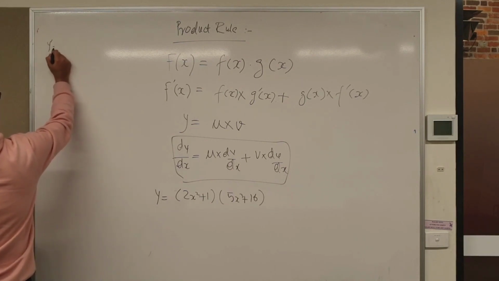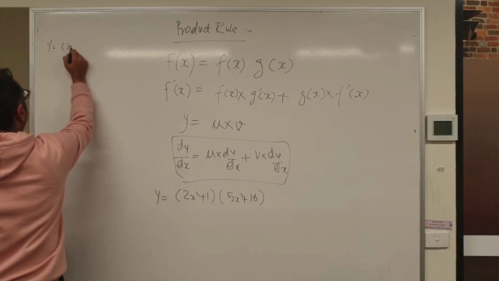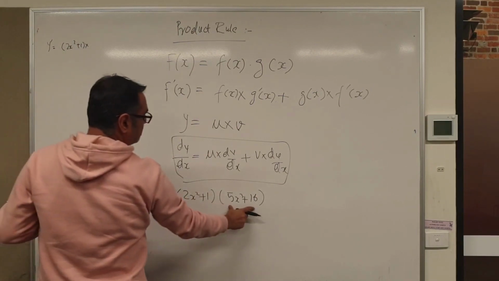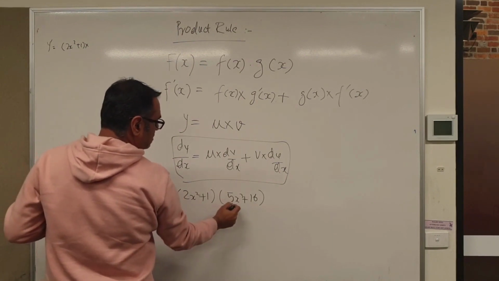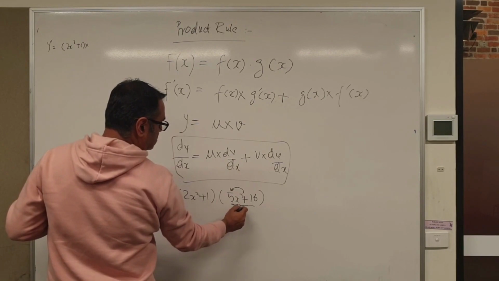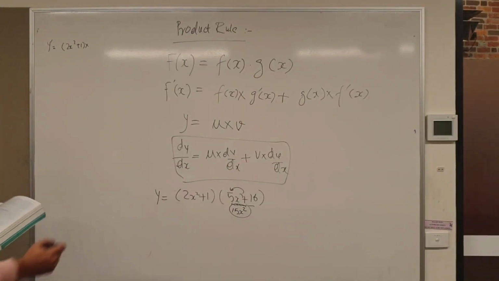Now trying to find y dash, first function as is, 2x squared plus 1, times the differential of this function. What is the differential of this function? 15x squared.